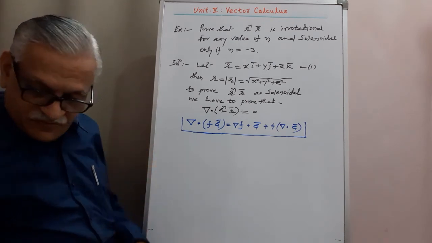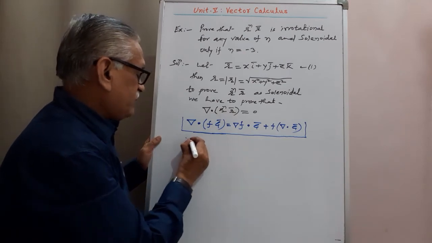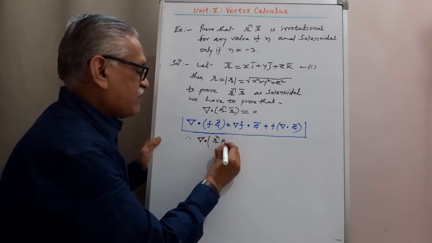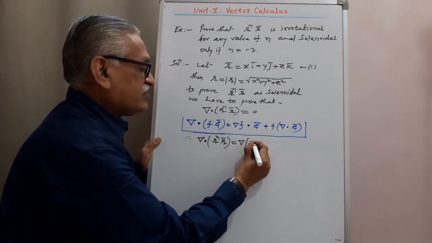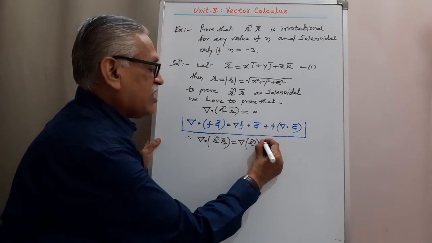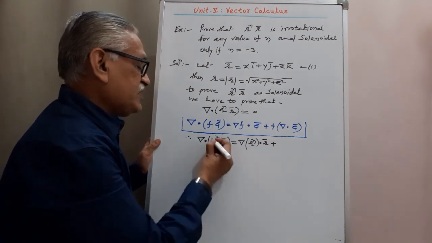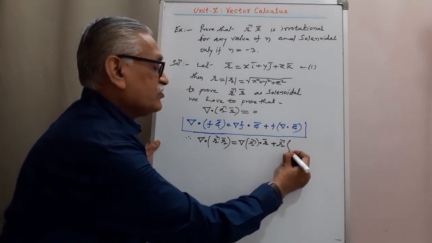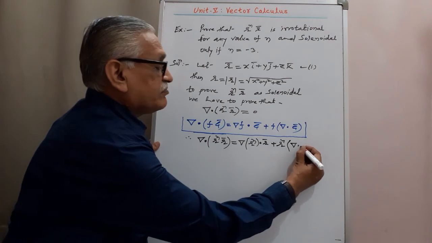And we get, therefore, del dot r raised to n into r bar is equal to del f, means del of r raised to n, a dot product with second term, that is r bar, plus first term here r raised to n into del dot g bar, it is del dot r bar.